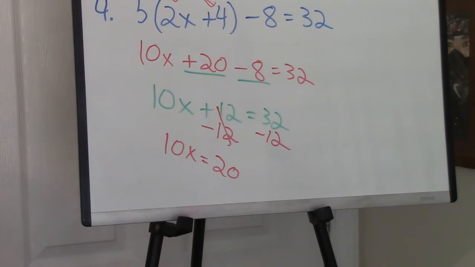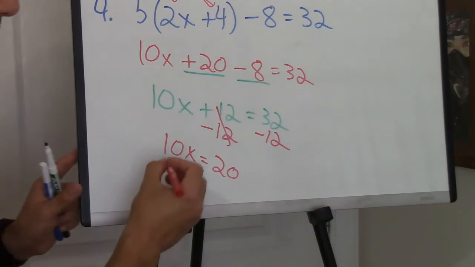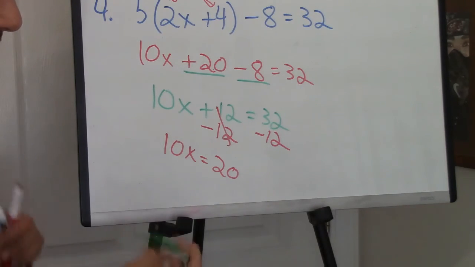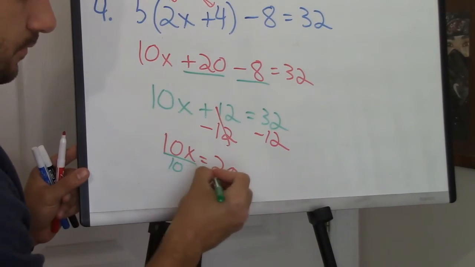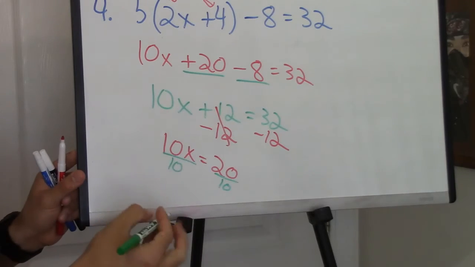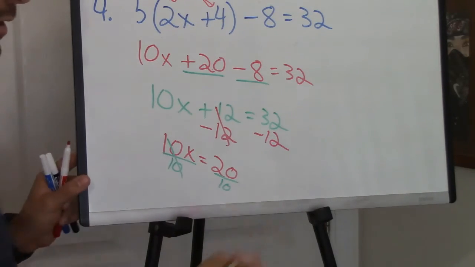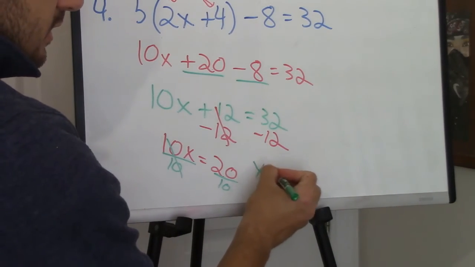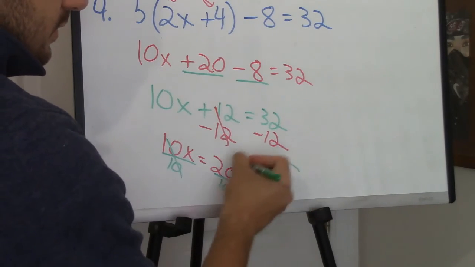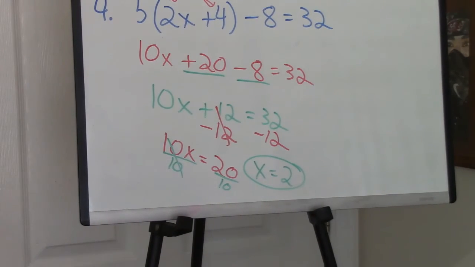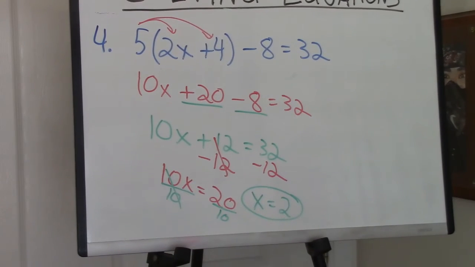And now we just undo the multiplying by 10. To undo multiplication, we have to divide. That gets rid of the multiplying by 10. Now x is by itself, and 20 divided by 10 is 2. So our solution to this equation is x equals 2.